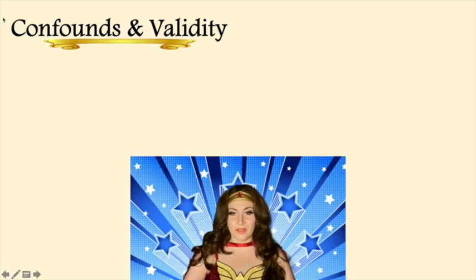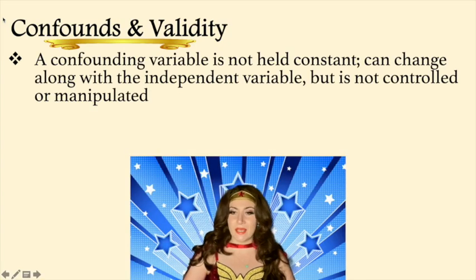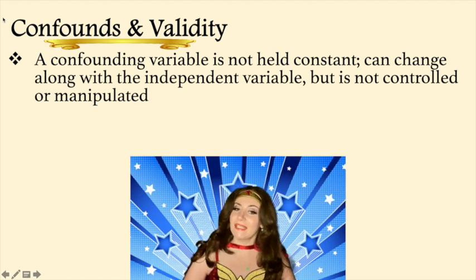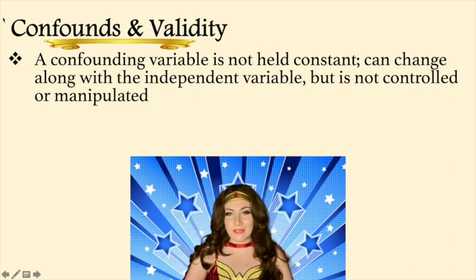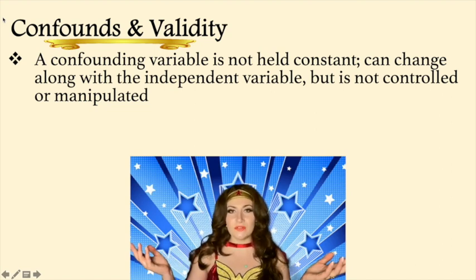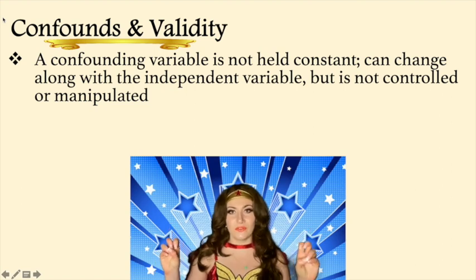A confounding variable is something that is not held constant, meaning that it can change along with the independent variable, but contrary to the independent variable, the confound is not controlled or manipulated. So if you think back to our previous discussions about validity and confounds, another word for confound is the third variable.